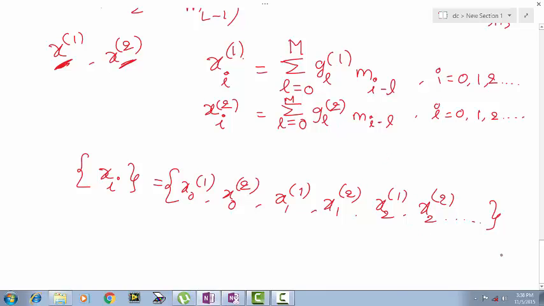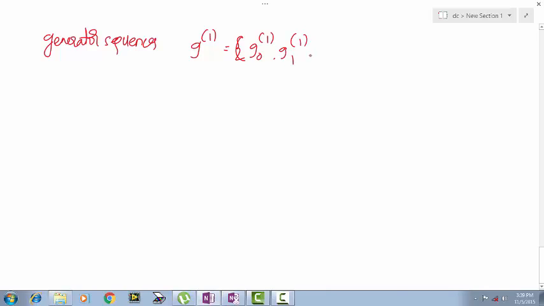Now let us do this example in the time domain approach for the encoder given earlier. First note down the generator sequences. g of 1, g naught of 1 comma g1 of 1 comma g2 of 1, is equal to 1 comma 1 comma 1.